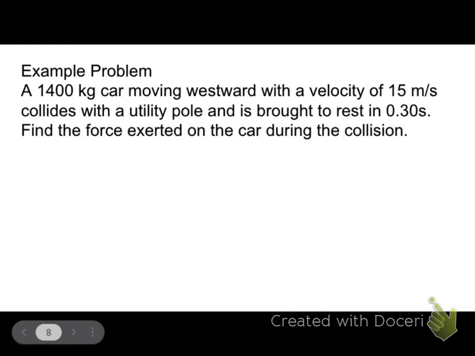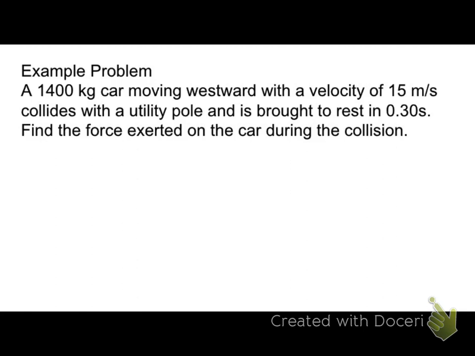So what I would like you to do is, we have a 1,400 kilogram car. It's moving west with a velocity of 15 meters per second, and it collides with a utility pole and is brought to rest in 0.30 seconds. I want you to use the impulse momentum theorem to find the force exerted on that car during the collision.